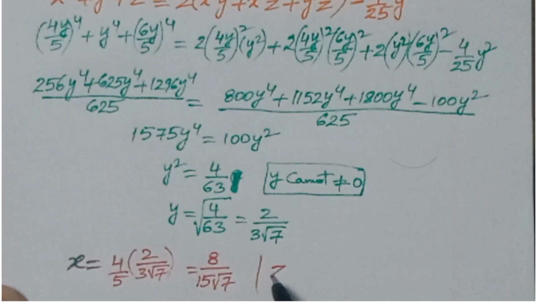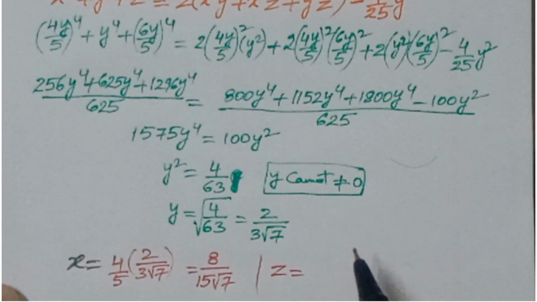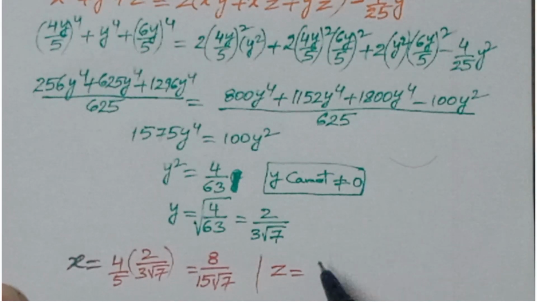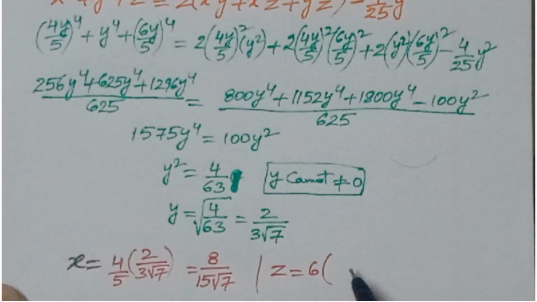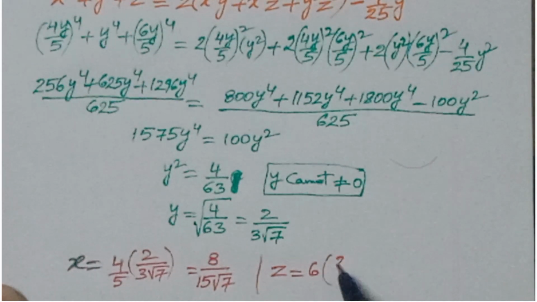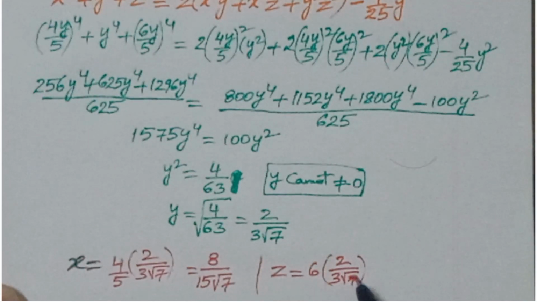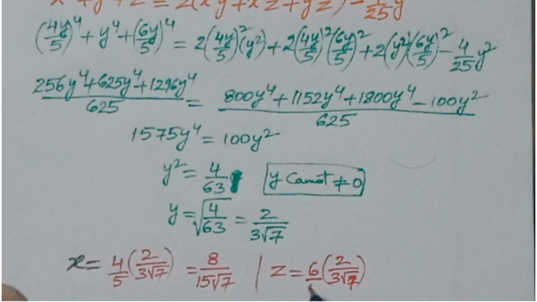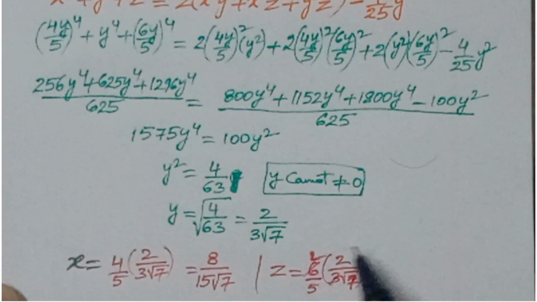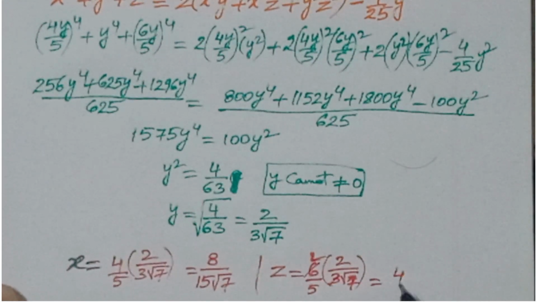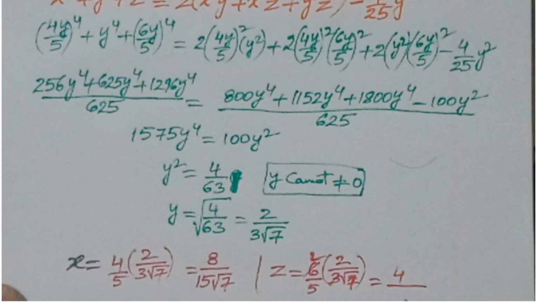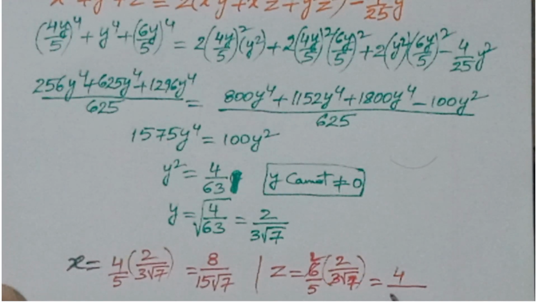In the same way, z value is 6 into 2 by 3 root 7 by 5. So it will go 2 times. So here 4 by 5 root 7.